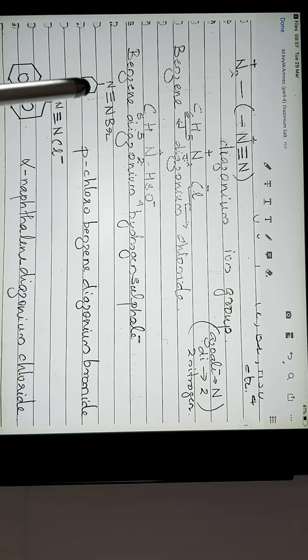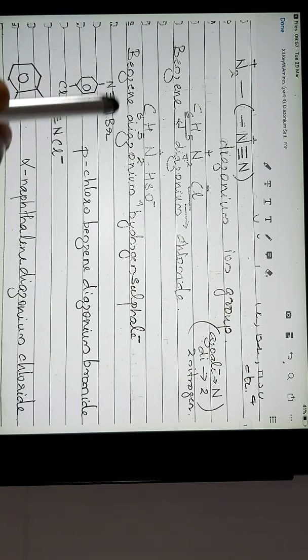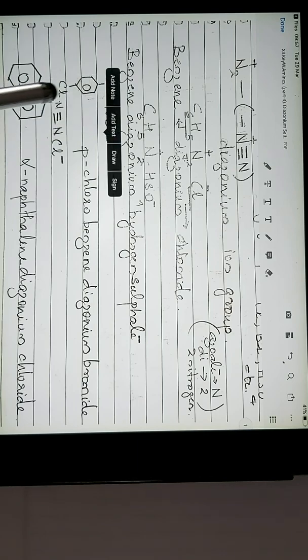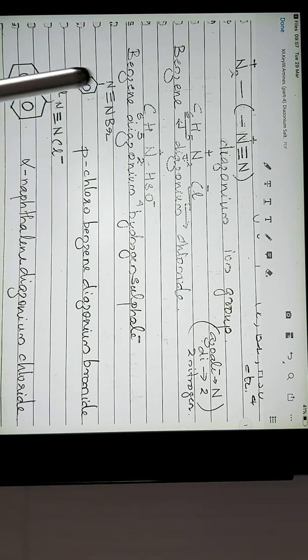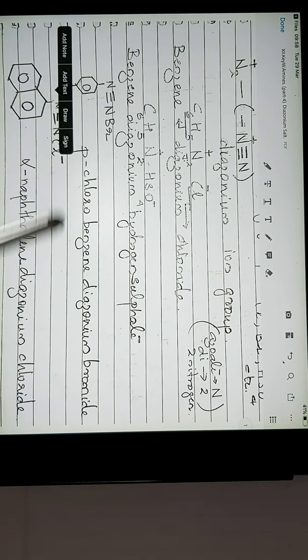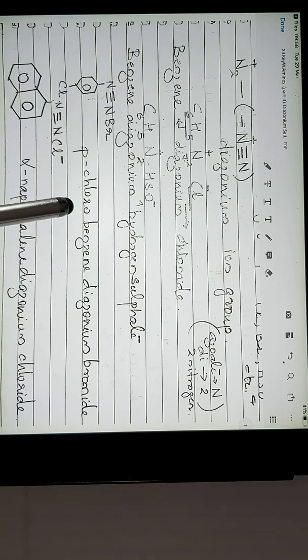Now another one, here you can see what is this part? It is benzene diazonium bromide. And to the para position, means the position opposite to it, there is one chlorine, so we can call it para chlorobenzene diazonium bromide.